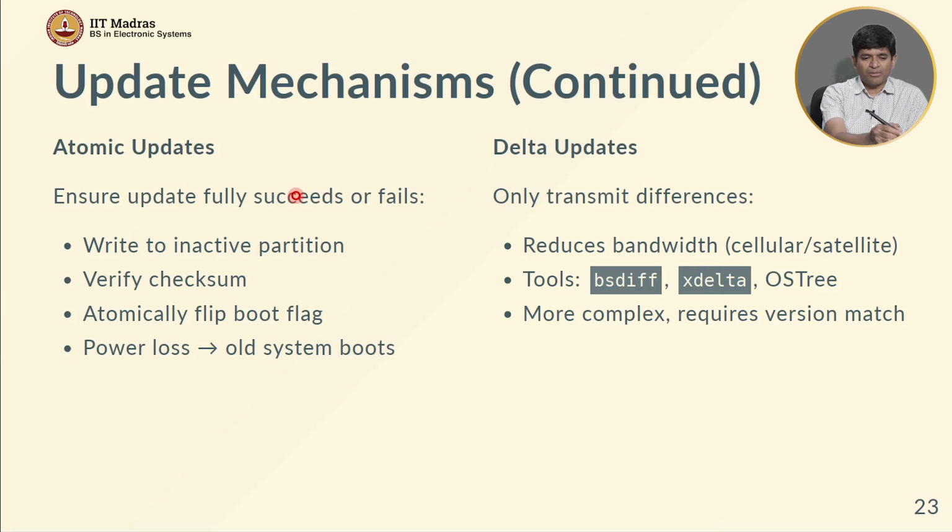Now, what atomic updates try to do is that the entire update either succeeds or fails. You write to an inactive partition, verify, checksum, flip the boot flag. If something failed midway through, right, you basically end up booting back with the old system, right. Now, the problem is, an OS with all packages, drivers, applications and so on can end up being several gigabytes.